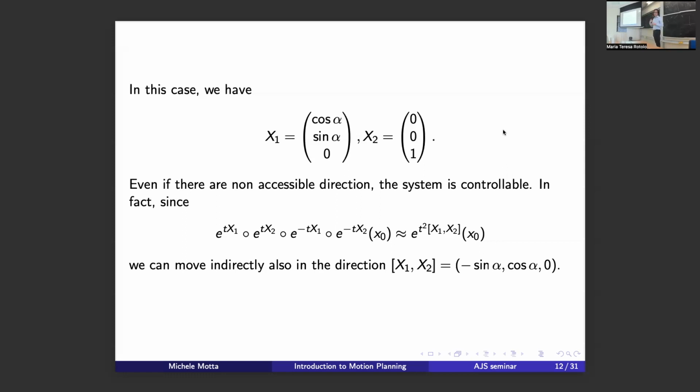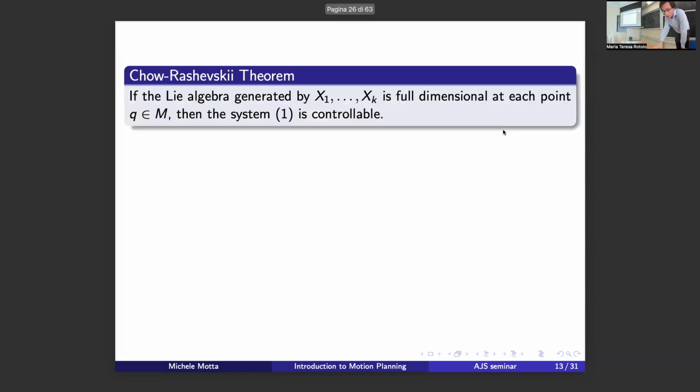You can iterate this process, and then you can reach all the brackets. In this particular example, the bracket of x1 and x2, which are the vector fields in the example, is this one, which is linearly independent of these two. And so you have that all the directions are accessible.